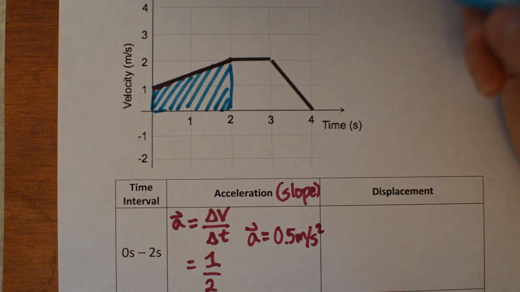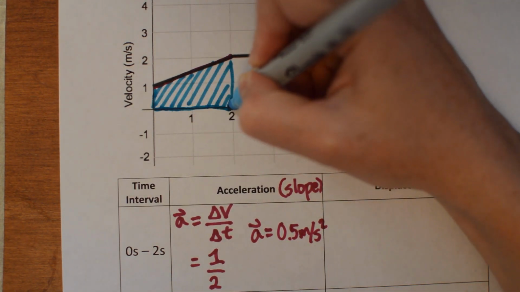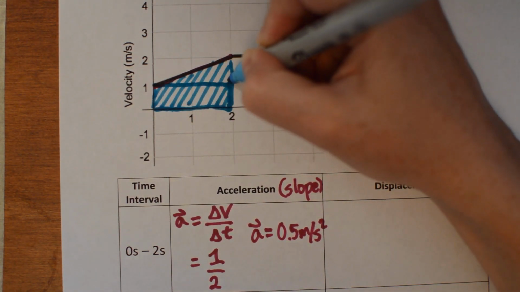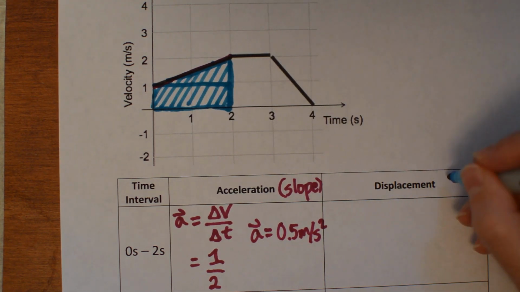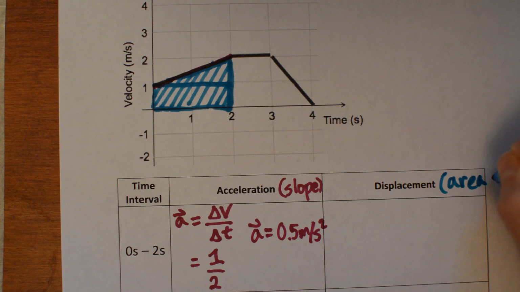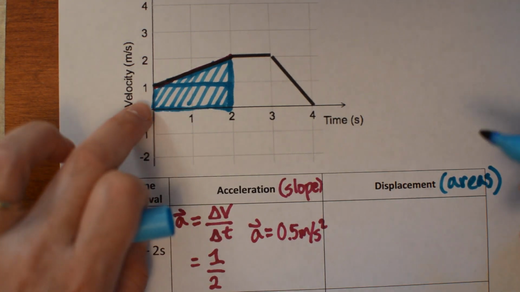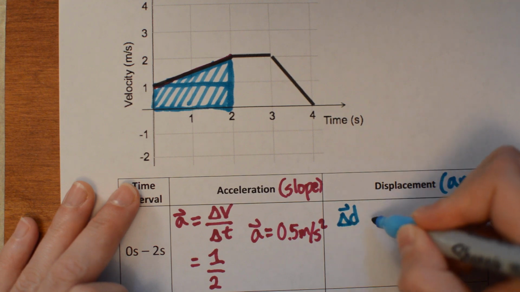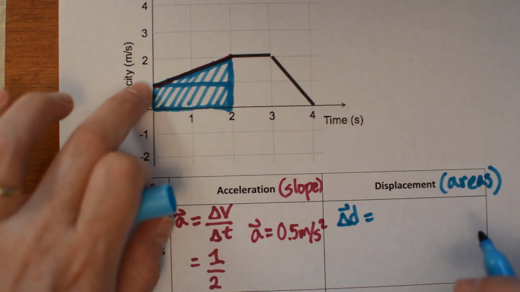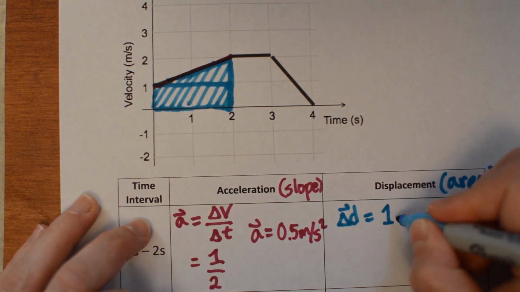So calculating that area, I have a rectangle on the bottom, and then I have a little triangle here. So we're going to find the area of each one and then add them together. So displacements are areas on a velocity time graph. The area of the little rectangle, so delta D, is going to be this rectangle on the bottom, which is 1 times 2.